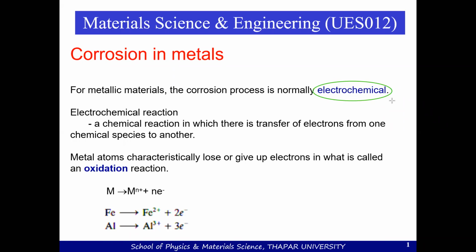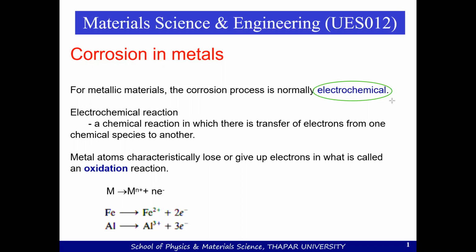Metal atoms characteristically lose or give up electrons in what is called an oxidation reaction. We know metals have excess electrons in their outermost orbit, which is very loosely bound to its parent nucleus, and that is why metal atoms have a tendency to give up the electrons from their outermost orbit.